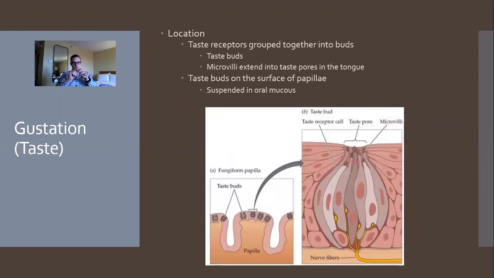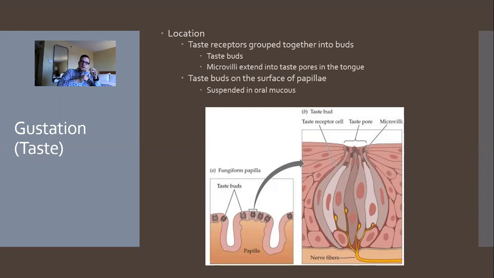So your taste receptors are kind of bundled together into these buds, like this. Each of these is a receptor, and they are bundled together into one big taste bud. So you've got your taste receptors bundled together into these buds.